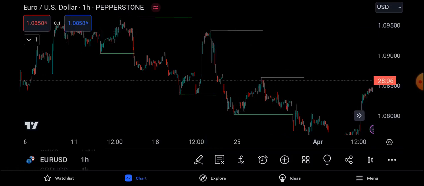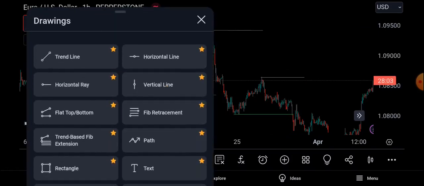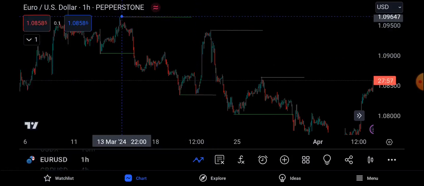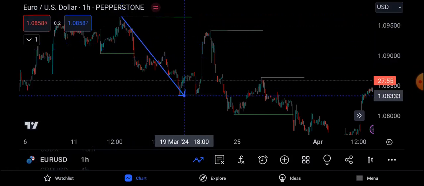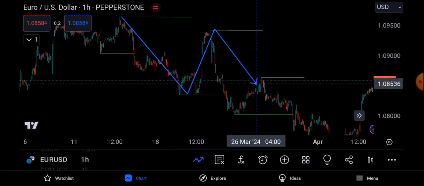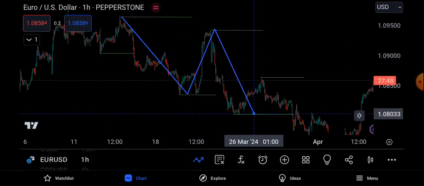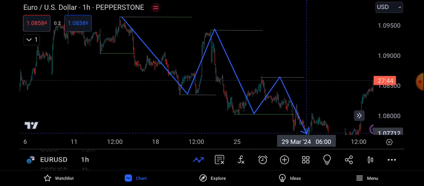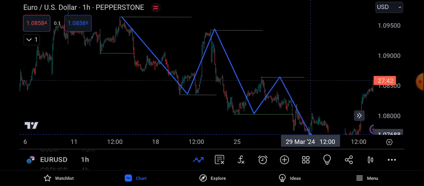So on the 4 hour, let me do this to make you understand it easier. So we are looking at 4 hour structure on the 1 hour time frame. So this would look something like this, and then like that, and then like this, and then like that, and then I can't really go below that, and like that.